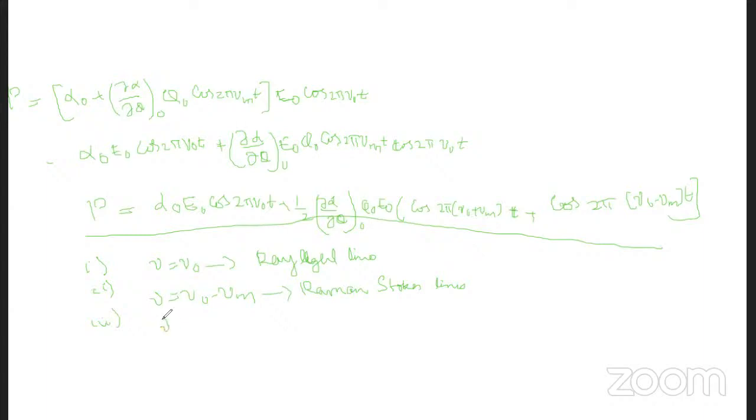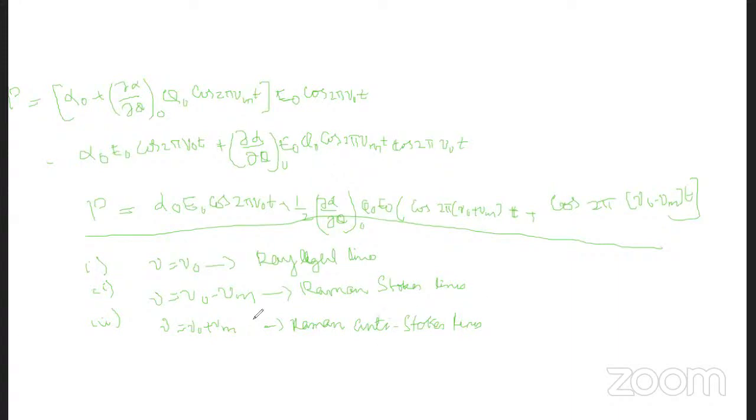Next we have the term nu equals nu naught plus nu m. That is what we call the Raman anti-Stokes lines. The frequency of these anti-Stokes lines is greater than that of the incident photons.